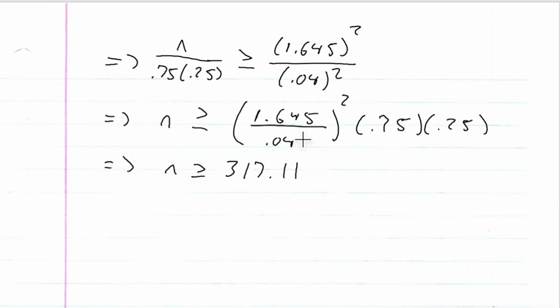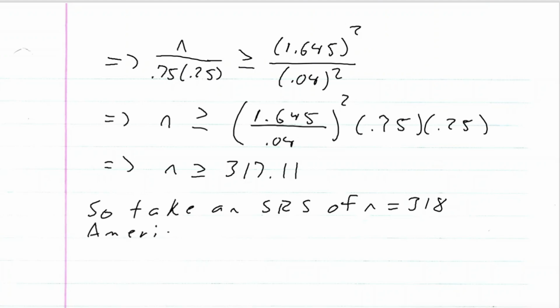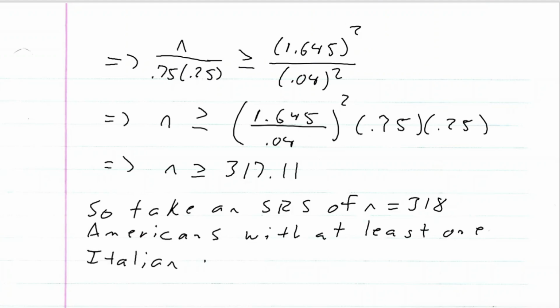Of course, there isn't 0.11 of a person, right? So take an SRS of n equal to 318 Americans with at least one Italian grandparent.